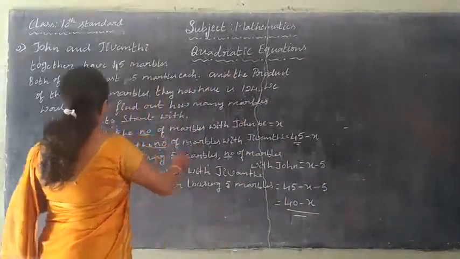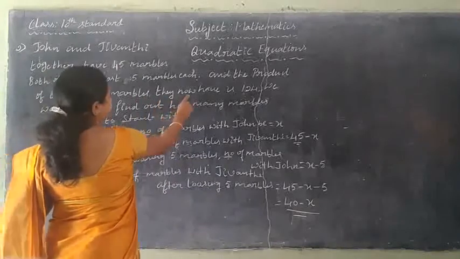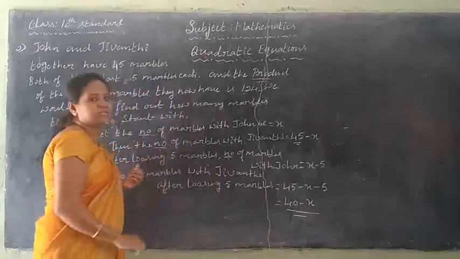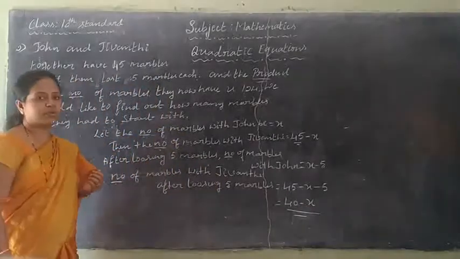After all these things, they are telling something. What is that? See here. The number of marbles they now have, the product of the number of marbles is 124. Got it?